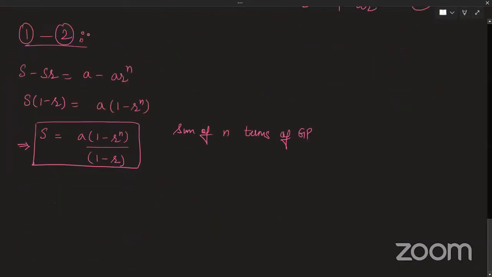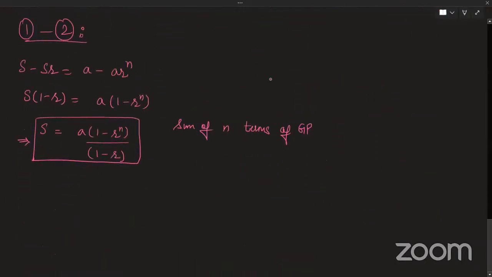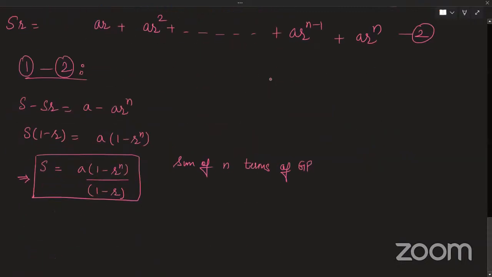Vignesh, did you get it? Ashrita, Gayatri, Medha, Preeti, yes. The sum of first n terms, how we derived it, you got it? Derivation also you got? Great.